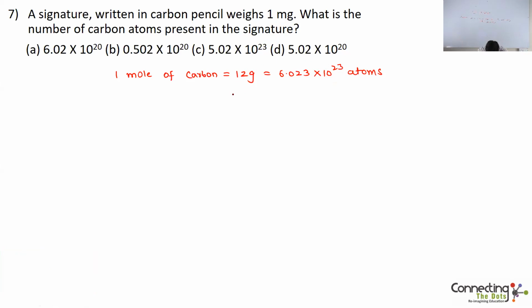So 1 milligram is nothing but 1 times 10 power minus 3 grams. So is equal to how many atoms? Therefore, 1 times 10 power minus 3 divided by 12 multiplied by 6.023 times 10 power 23. To make it simple, let me equalize 6.023 to just 6.